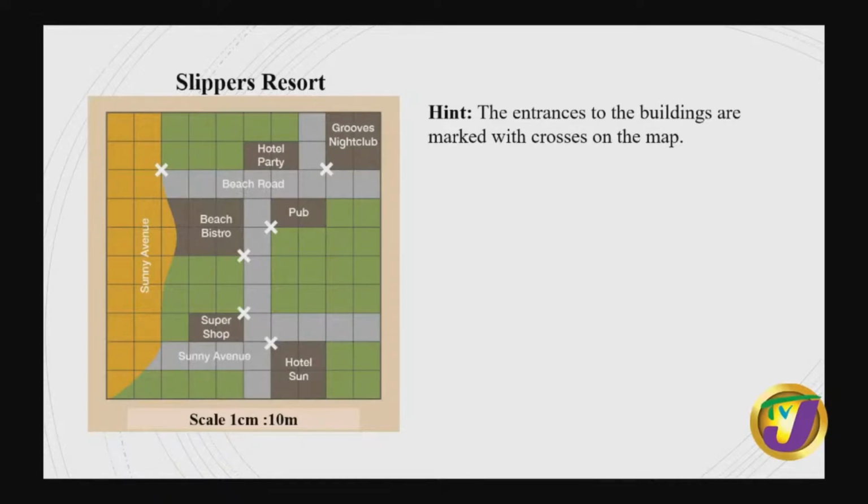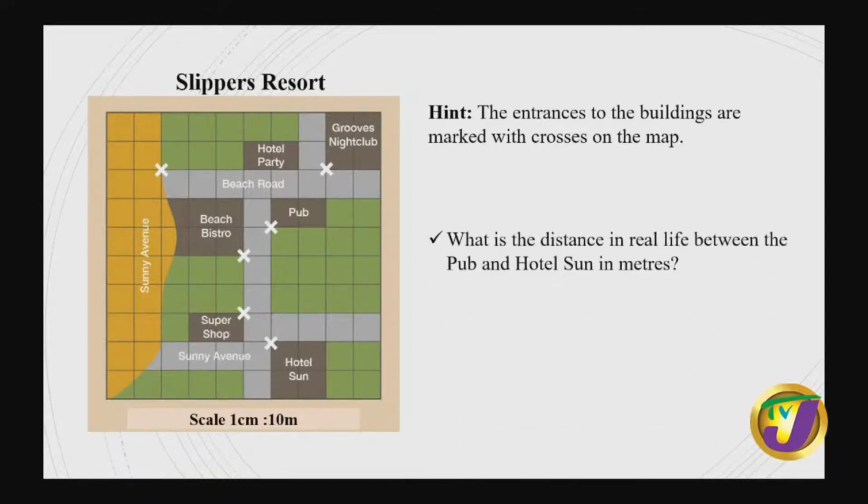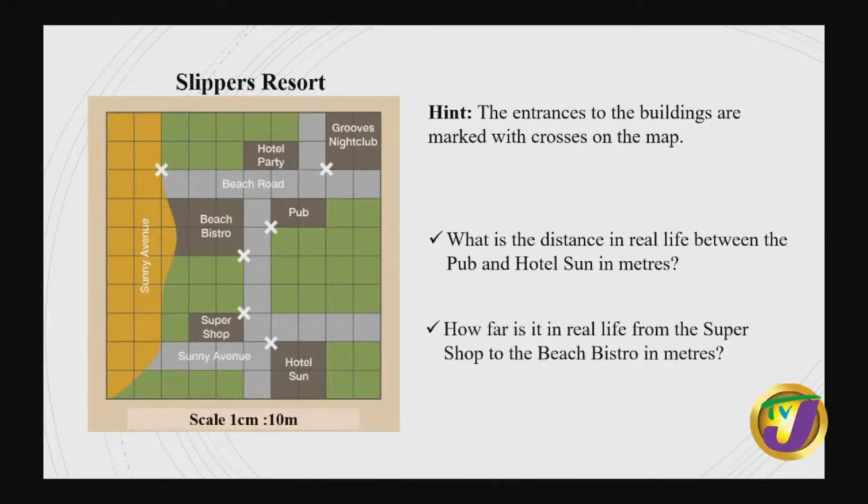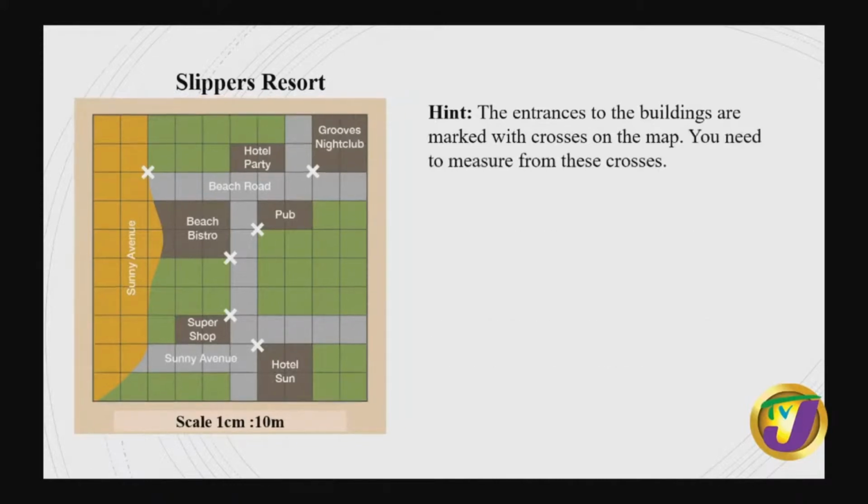And there are two questions that we need to have answered here. The first would be, what is the distance in real life between the pub and Hotel Sun in meters? And the second question is, how far is it in real life from Super Shop to the beach bistro in meters? Good.